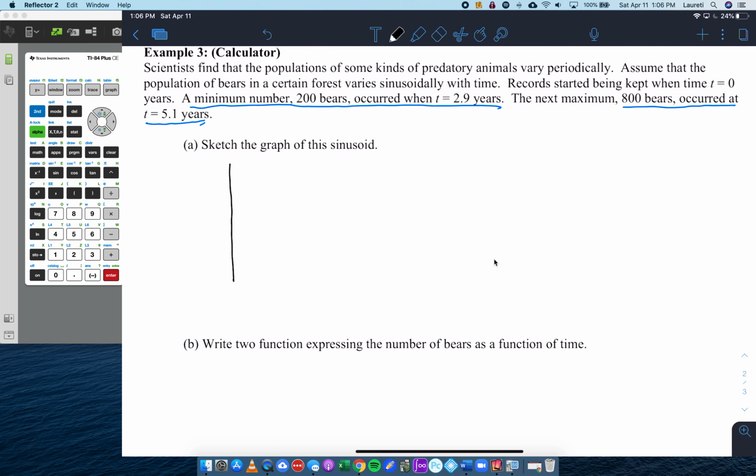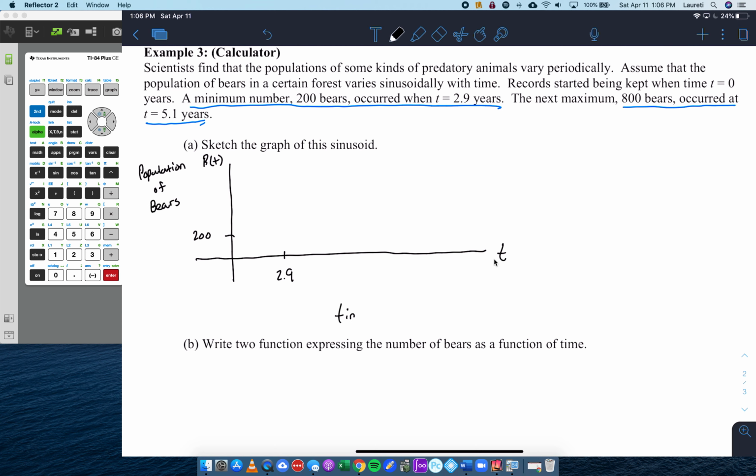All right, so even though we started tracking when t was 0, okay, the first point that we have was after 2.9 years, okay, and that was at 200. Okay, so this is population. All right, so we'll call this P of t, population of bears.